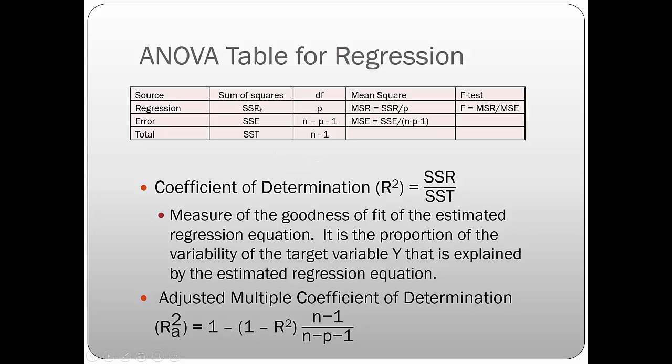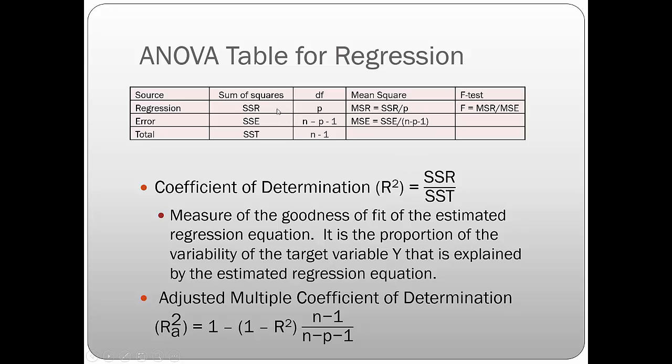Now if the regression model explains the entire variability, so SSE is 0, then SSR will be equal to SST, so this value will be equal to 1. It measures the goodness of fit. The total sum of squares represents the total variability in the target variable, and this ratio tells us what proportion of that total has been explained by the regression. So that is R squared.